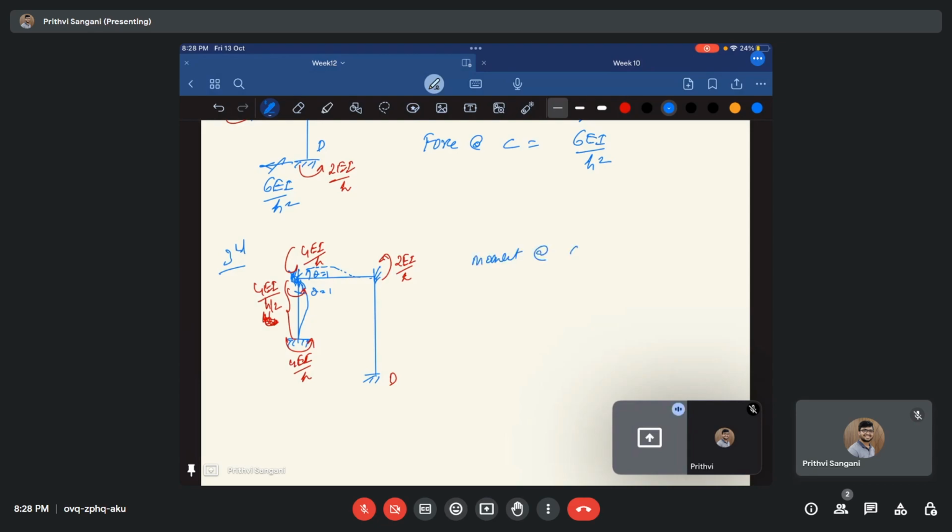So moment at C is 2 EI by H anti-clockwise.